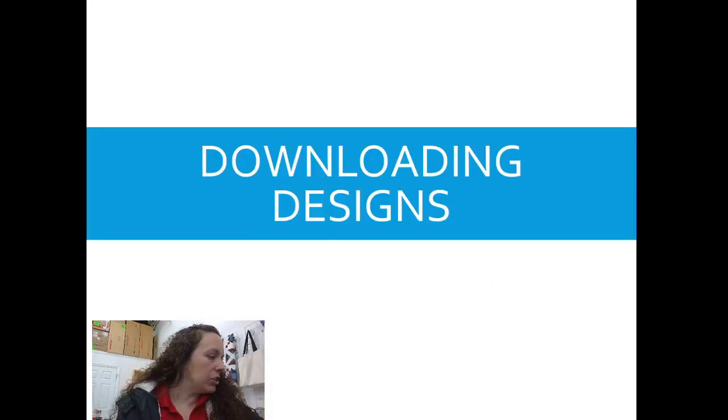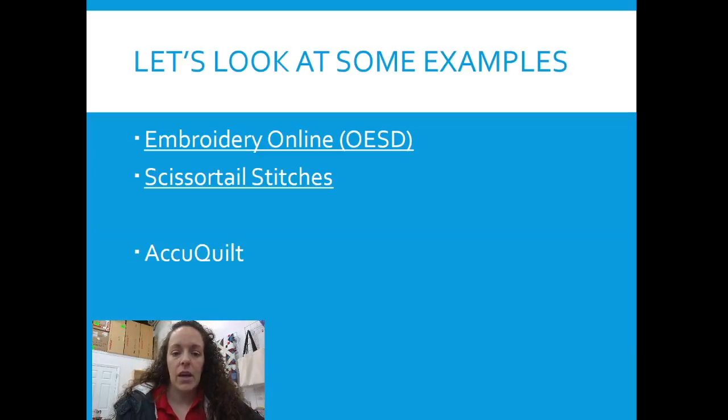Now, let's look at how to download designs, okay? I'm going to show you a couple of things. I'm going to show you downloading from Embroidery Online or Scissortail Stitches. They both use the same platform, so they're the same. I'm just going to show you on one site. It's going to be the same on the other. And then I'm going to show you AccuQuilt.